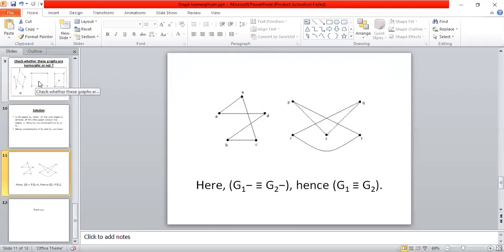So by looking at these edges, you draw the complementary graph of G1, and similarly G2.